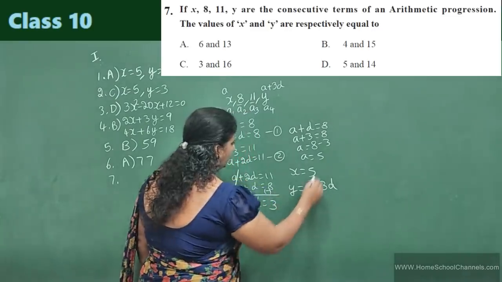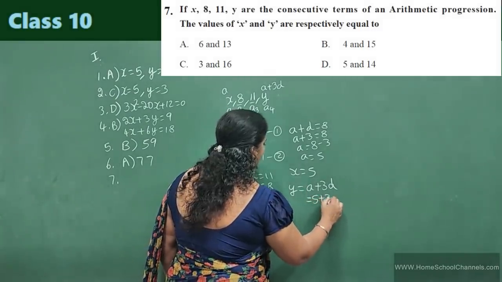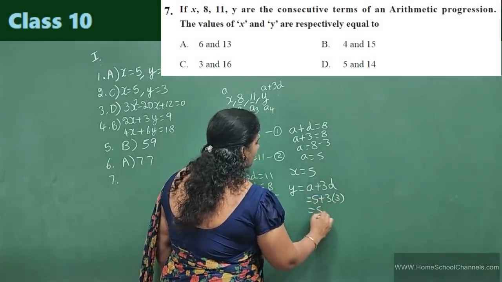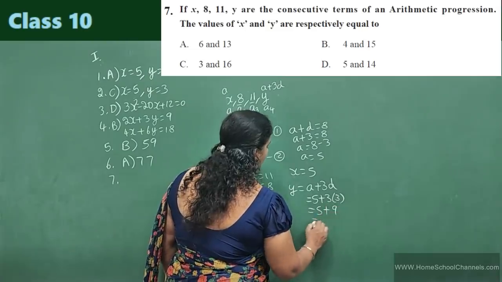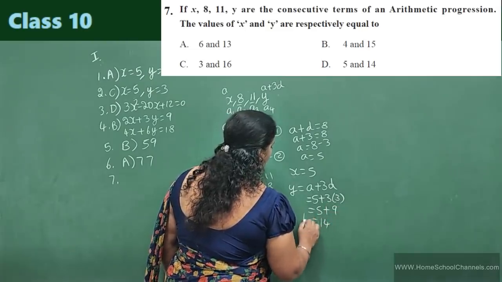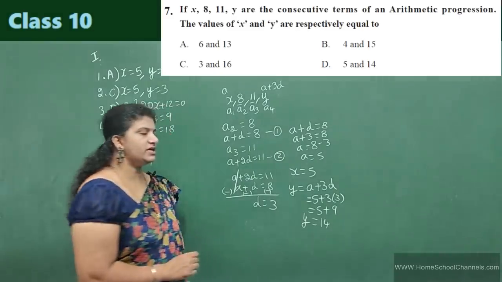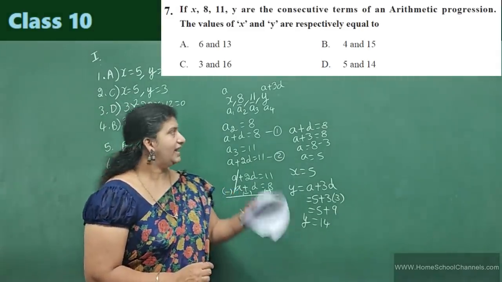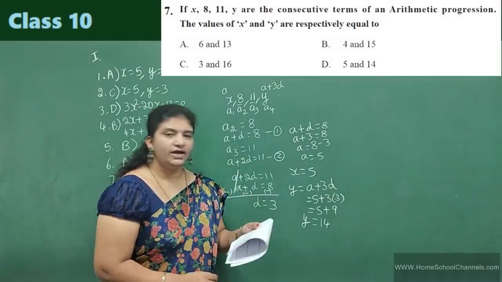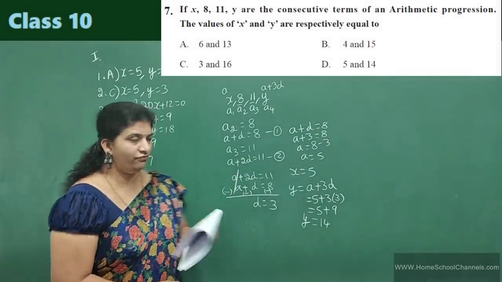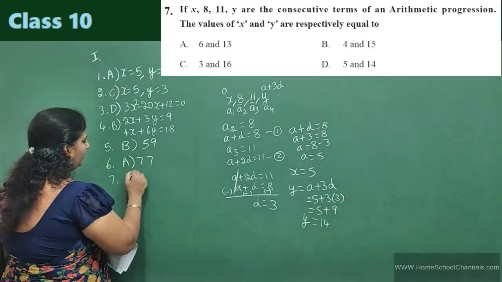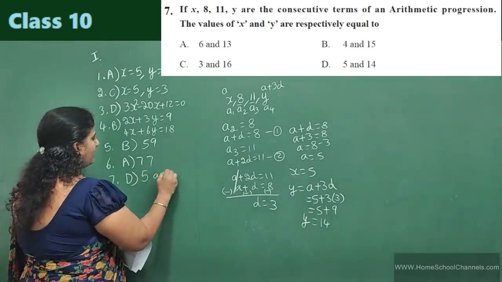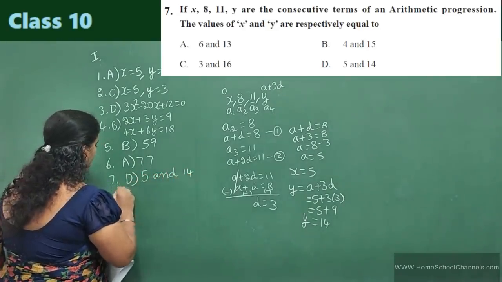Substitute A and D value. A value is 5, D value is 3. 5 plus 3 3s are 9. 9 plus 5 will be 14. Therefore, x is equal to 5 and y is equal to 14 is your answer. Let us check for the answer here. It is your option D, 5 and 14.